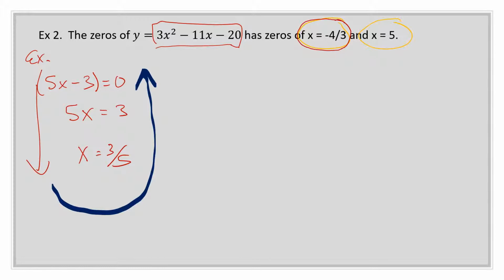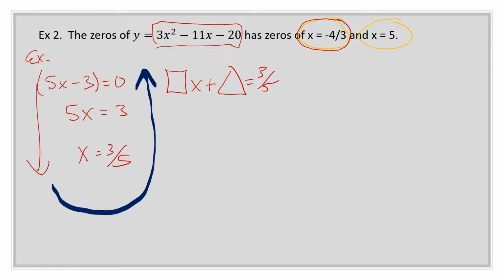So we have something times x plus some other number equaling 0, which in our example was 3/5.